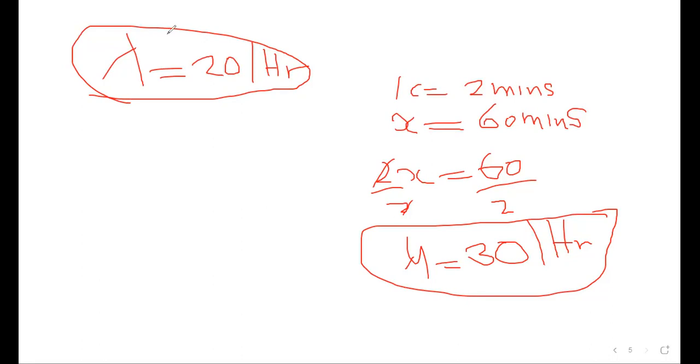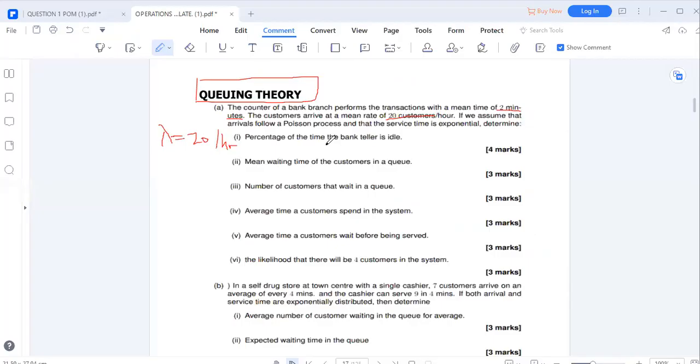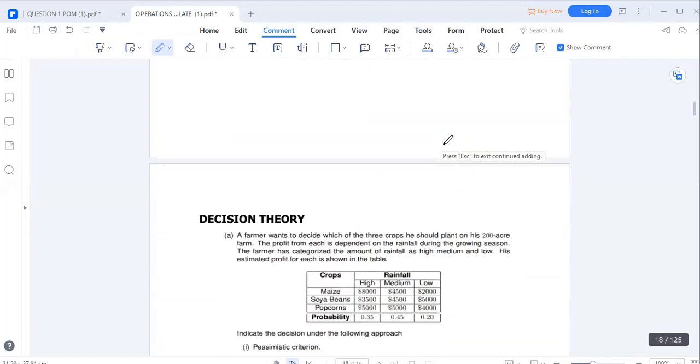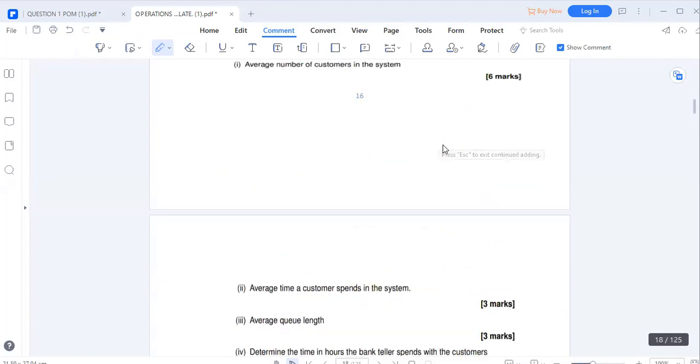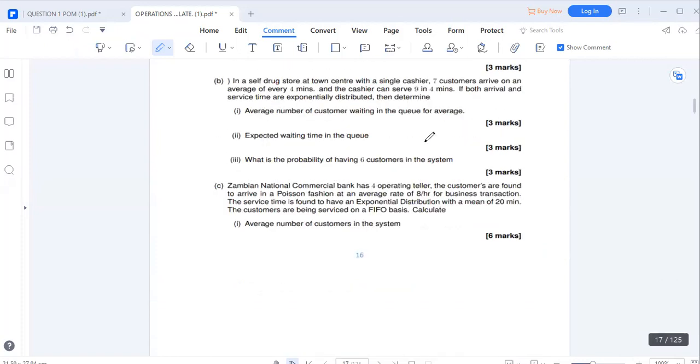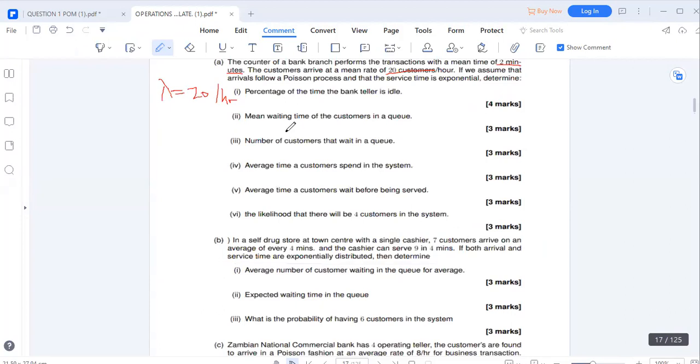From here, we can start solving this problem. First, the probability that the bank teller is idle. This is the probability of not queuing, meaning the teller is idle.